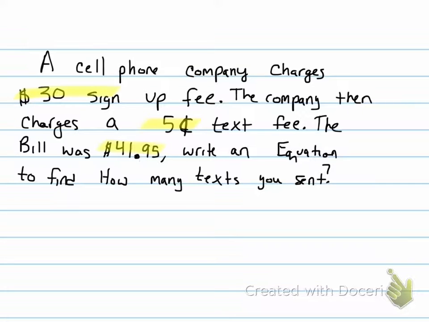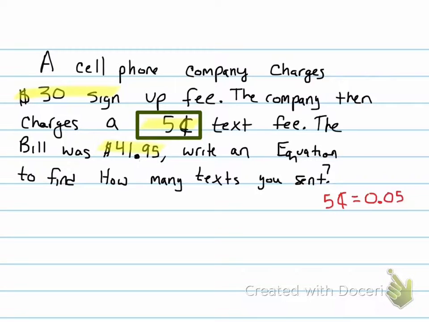The only thing that's going to be a little tricky is this 5 cents, because I have to change that to a decimal. So 5 cents equals 0.05, right? That's how I write 5 cents. So that's going to have to be used in the equation. That makes this a lot harder than it has to be.